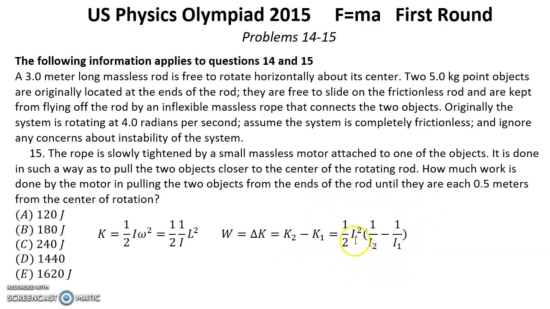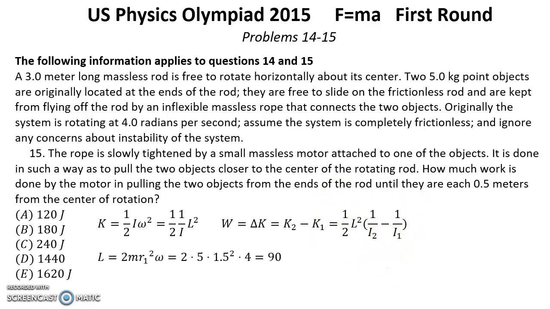Now let's count what is L, I2 and I1. Angular momentum we can count from the initial position, which in the final position is the same. So that's equal to masses multiplied by R1 squared multiplied by omega, which is 90 in SI units.